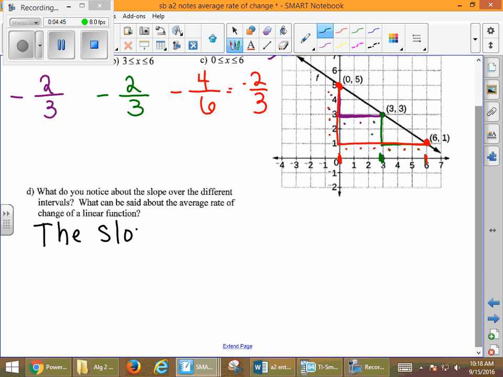The slope is the same. And I should say, I put the slope, I should have said the slopes are the same. But I'll do better here with my next sentence. What can be said about the average rate of change of a linear function?